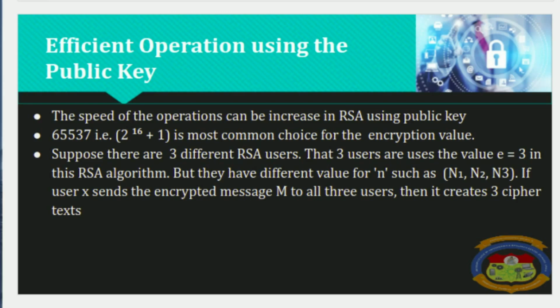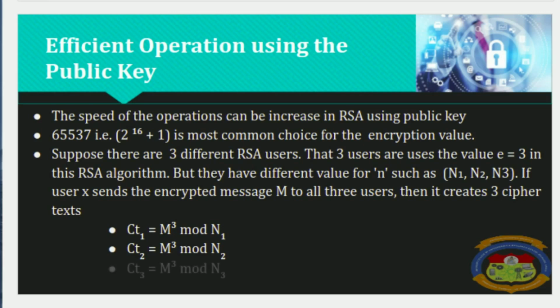The first ciphertext is equal to the message cubed, mod the first unique value n1. For the second user, the second ciphertext is equal to the message cubed, mod the second unique value n2.